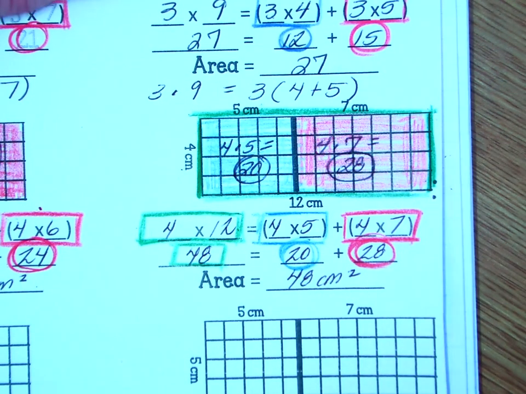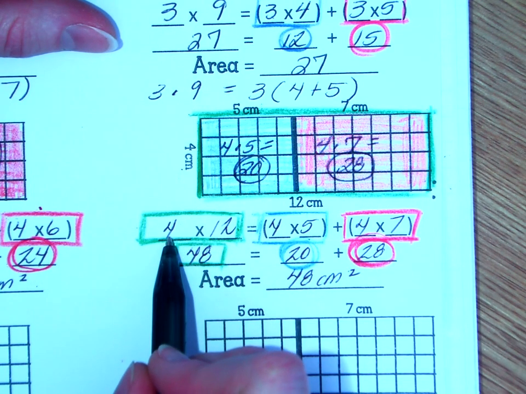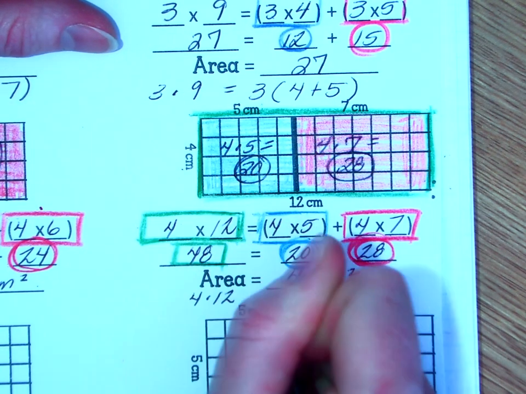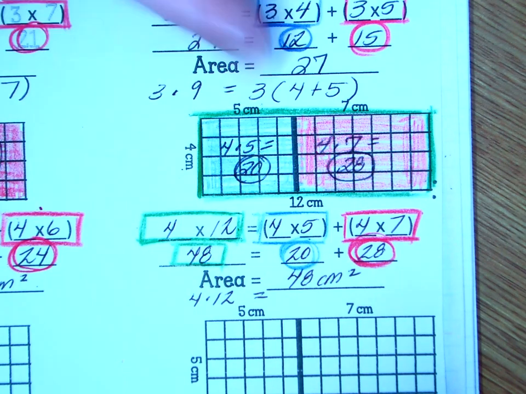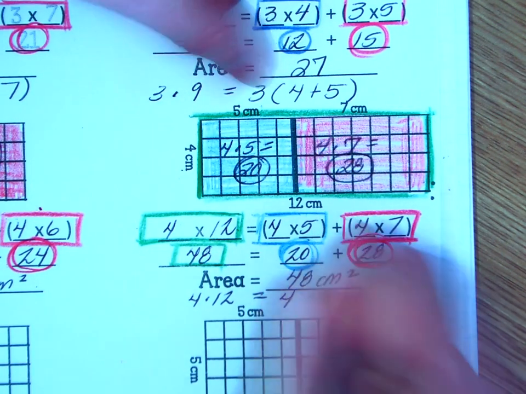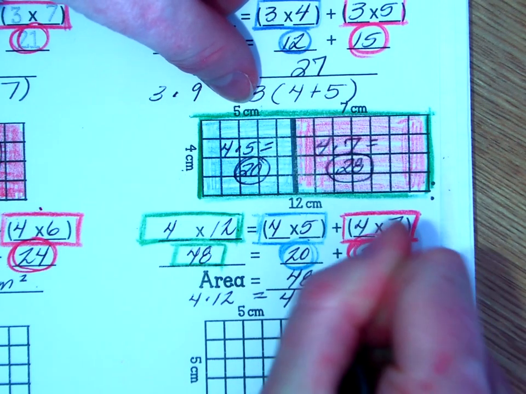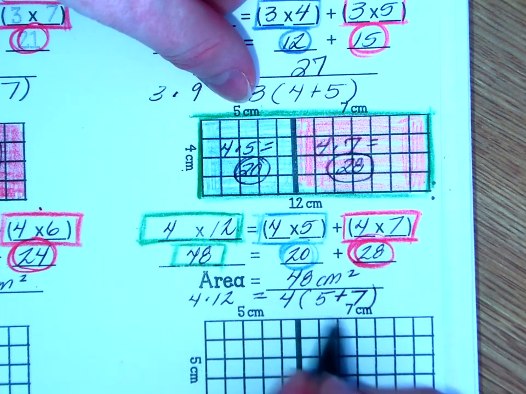What does that have to do with an equivalent expression? The original area model indicates 4 times 12. The new decomposed side length, 4 stays the same here, but we decompose this to be 5 plus 7. 5 plus 7 is equivalent to 12.